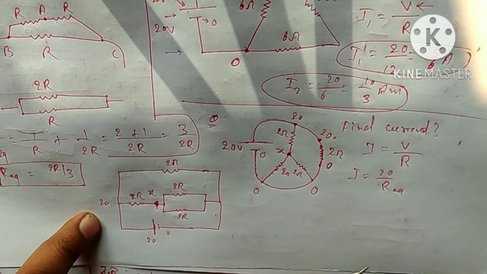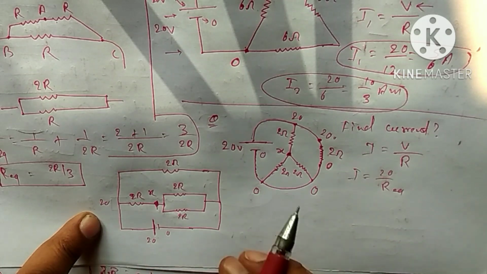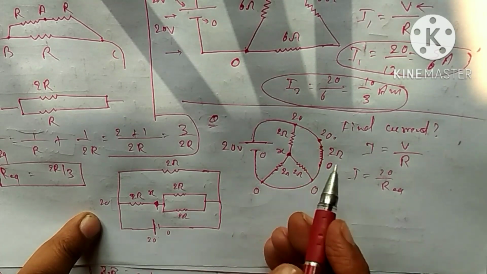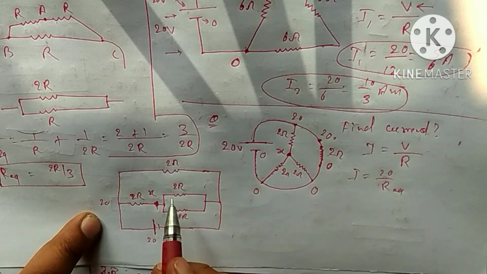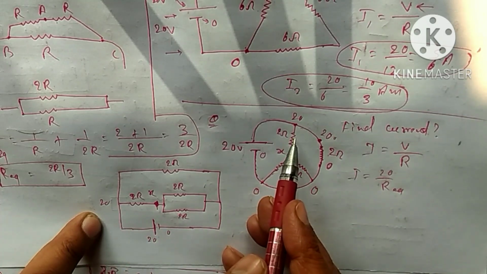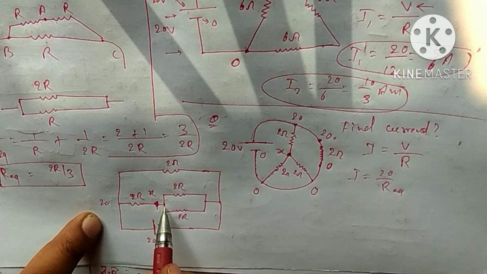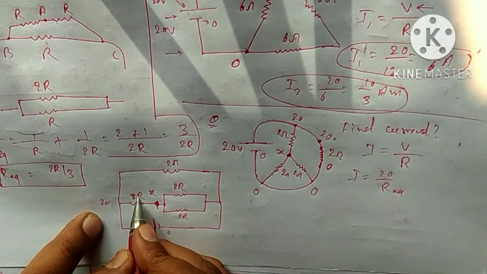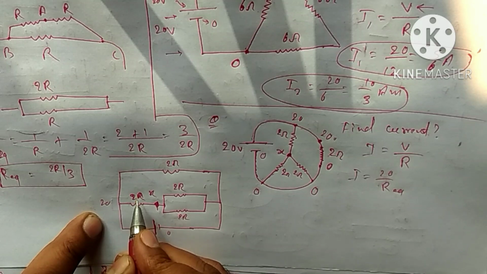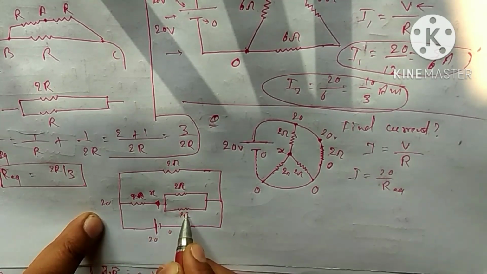One question may be in your mind: how do we arrange it? By determining the points where the potential difference is 20 volt and 0 volt, we can simply take a resistance 2R, and after that 2 ohm, 2 ohm and 2 ohm, sorry for that.